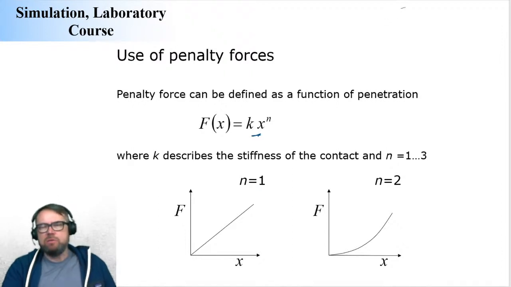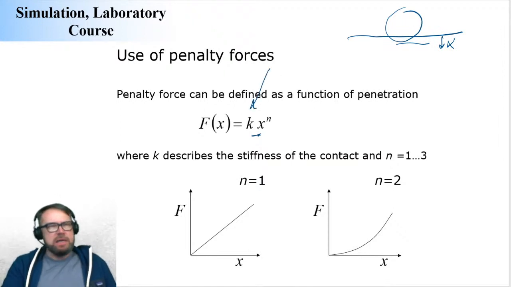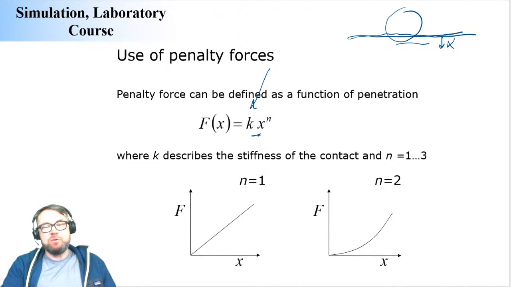So let me make a drawing here. It's a ball and a surface. How much they're penetrating is measured by x. Then there is going to be a stiffness that is, one way or another, associated with the material properties of the surface and the ball. If you deal with stiff materials, you may not be able to use elastic coefficients because those can introduce too heavy penalty forces.